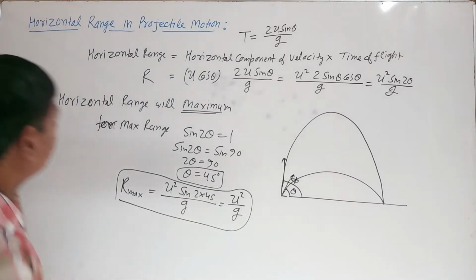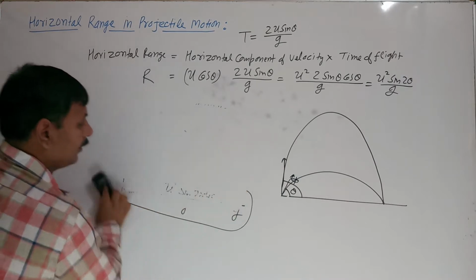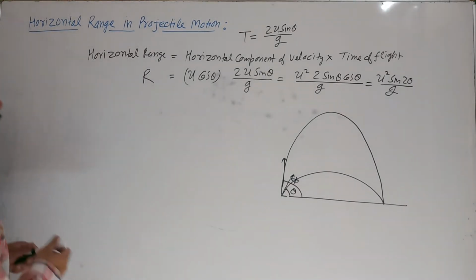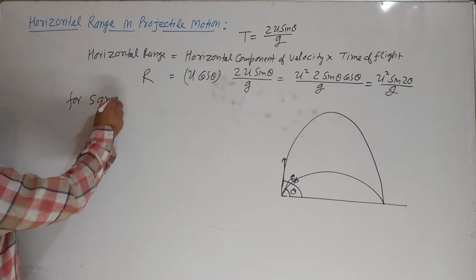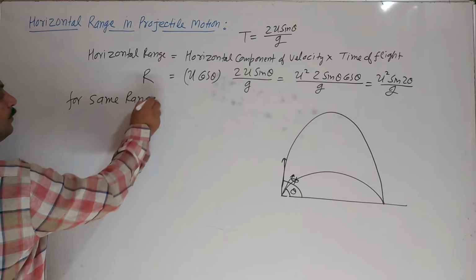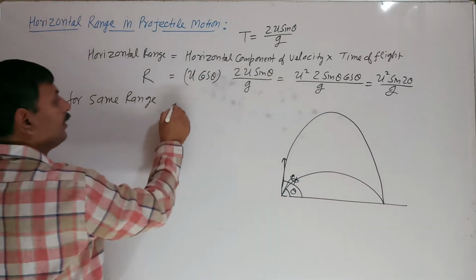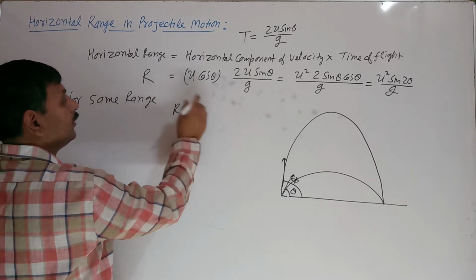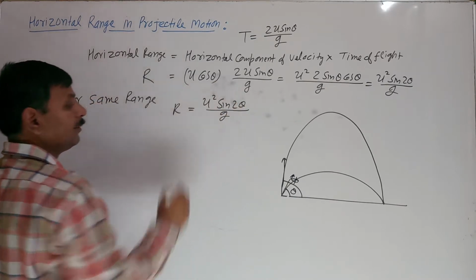See here, for the same range, when I take the angle of projection theta, R is equal to u square sine 2 theta upon g.